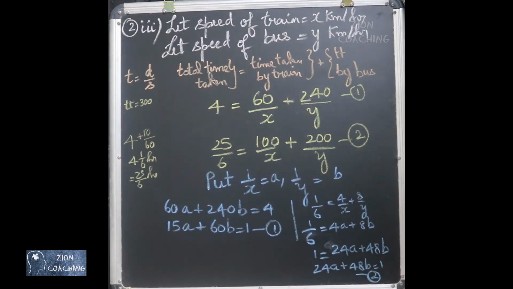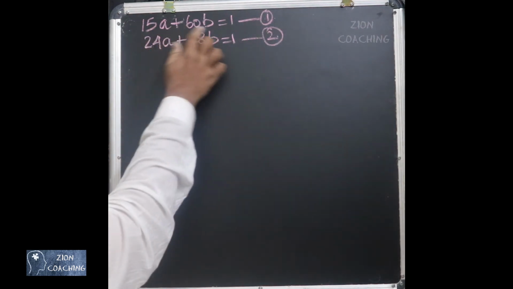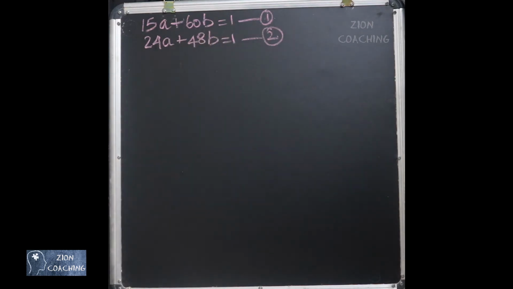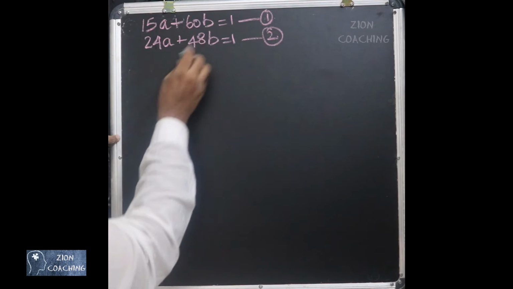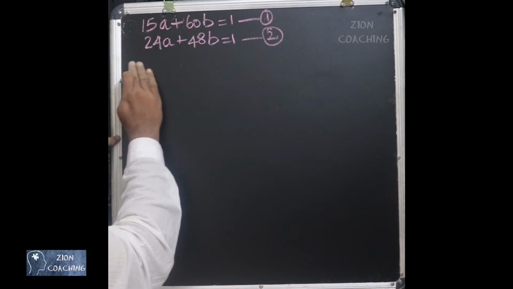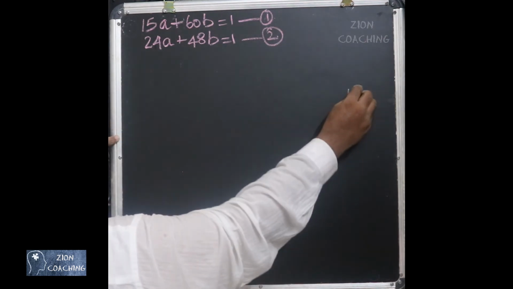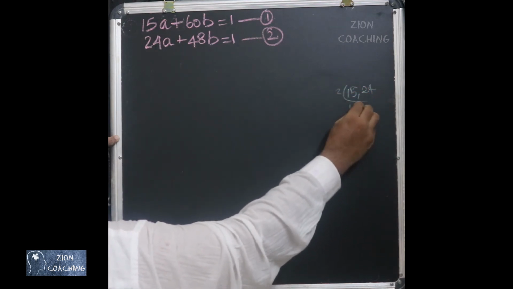Now we are going to solve both the equations, find the values of a and b, and using that we are going to find the values of x and y. Now we have two equations finally. We are going to eliminate one of them and find the value of a and b. So the LCM of 60 and 48 we will find out, or we will find out the LCM of 15 and 24. When you divide by 2, 15 comma 12.